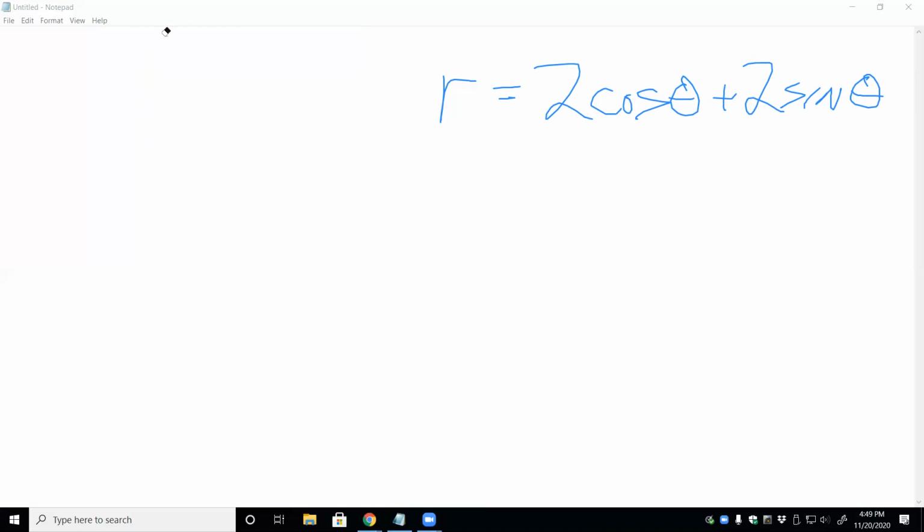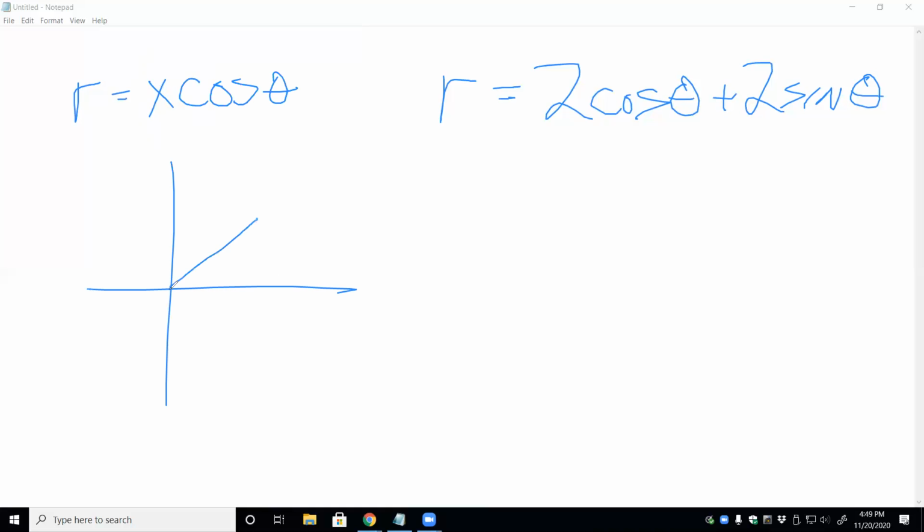Okay. So there's a couple of identities that you need to remember with polar. The cosine of theta equals x over r. Oops, I got this backwards.